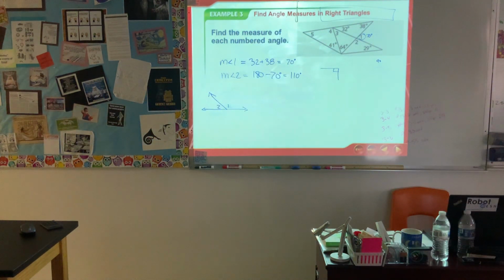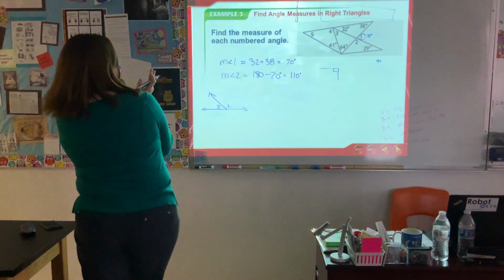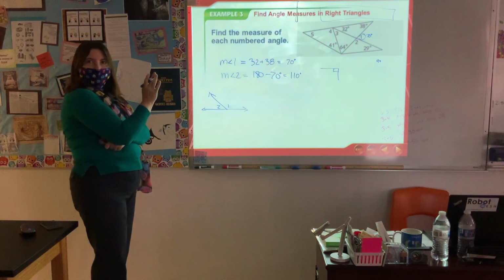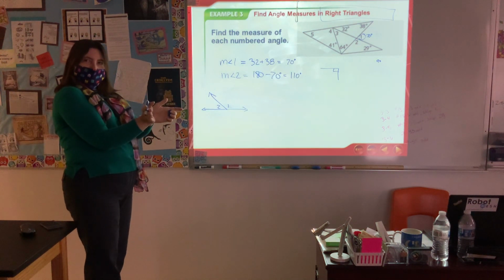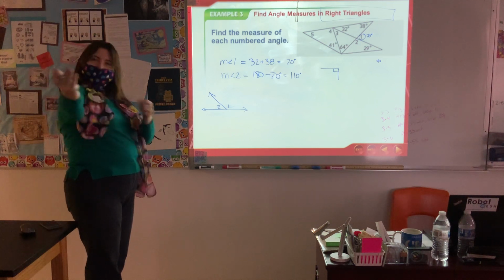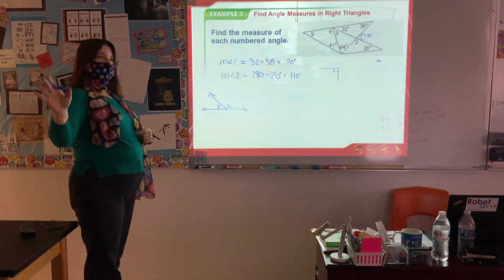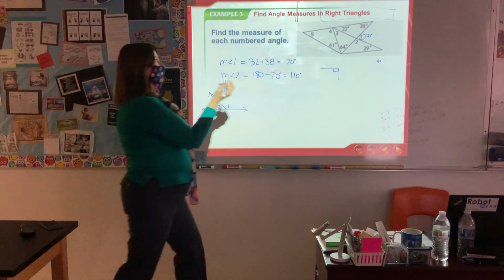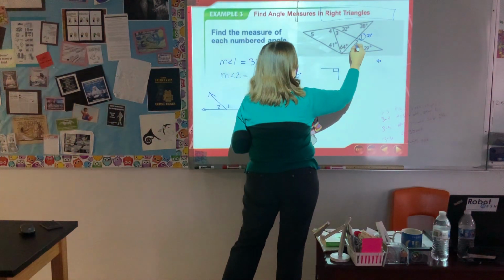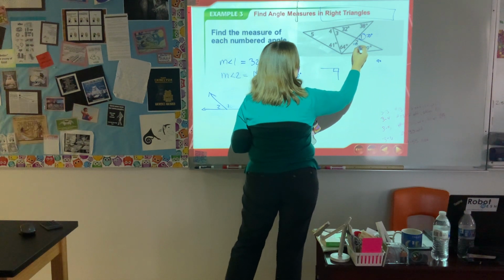It looks very obtuse to me. I admit, if I look at it from this side, it doesn't seem like it. Does that seem larger than 90? Yeah, never mind. I understand your point of view. You got to look at it head on. So we know this to be 110 right here.